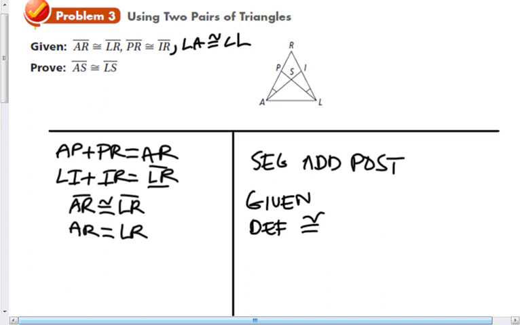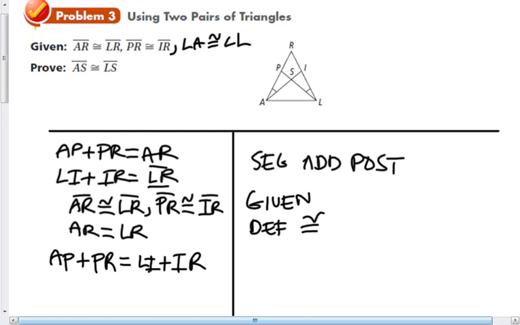Well, if AR is equal to LR, then AP plus PR is equal to LI plus IR. And we also know that another thing that was given is that PR is congruent to IR. And so PR is equal to IR by the definition of congruence.